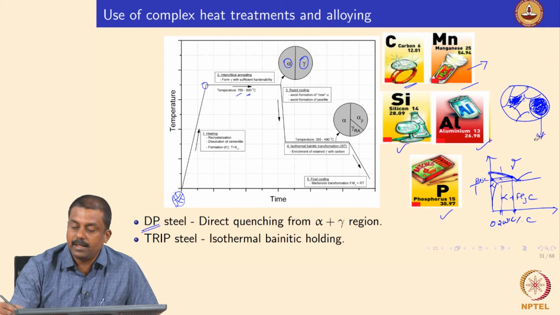This is slightly easier than in a conventional heat treatment, where if you go to the complete austenitic region, your entire austenite would have a bulk carbon concentration of 0.2. Here, because of the partitioning of carbon between ferrite and austenite, we enrich the austenite in carbon and thereby significantly increase its hardenability.